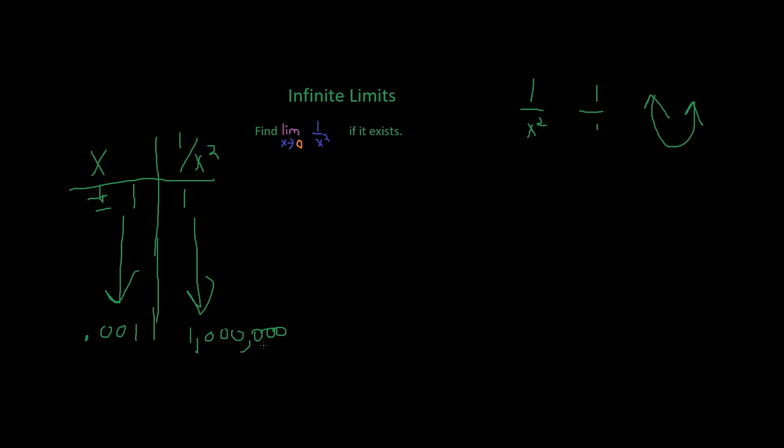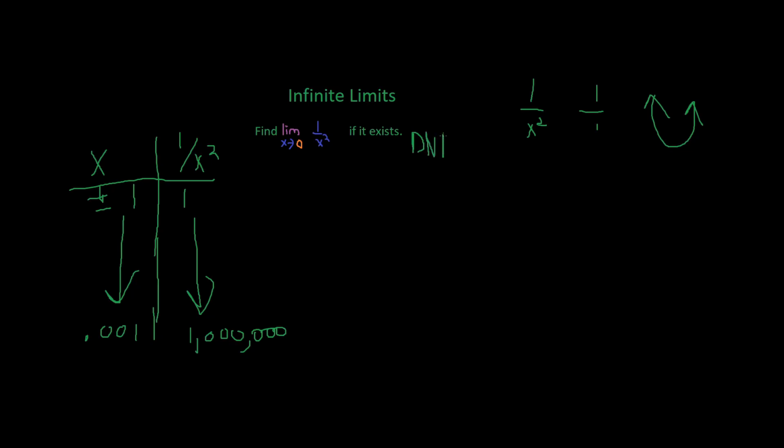And so the values of f of x can be made arbitrarily large by taking x close enough to 0. Thus the values of f of x do not approach a number. So the limit as x approaches 0 of 1 divided by x squared does not exist. So this limit does not exist.